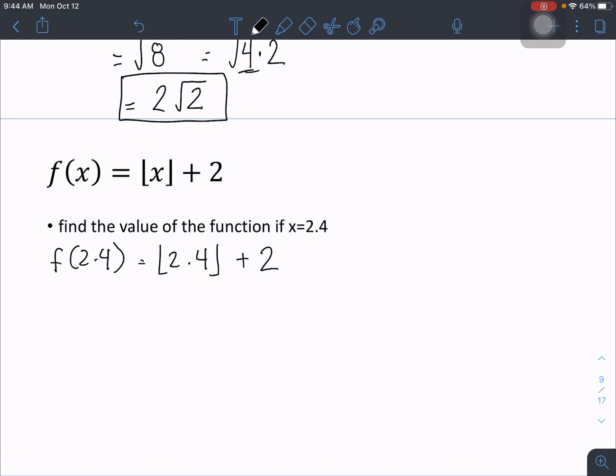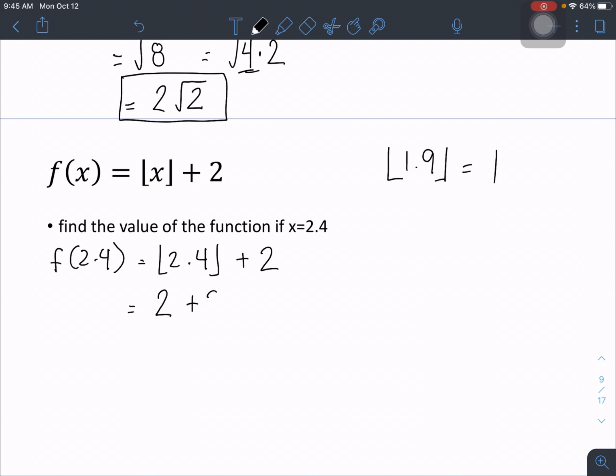For example, if we have 1.9 inside the floor function, typically we round 1.9 to 2. However, when we put this 1.9 inside a floor function, we need to round it to the nearest lower integer, which is 1. So same here, 2.4 will be rounded to the nearest lower integer, which is 2.